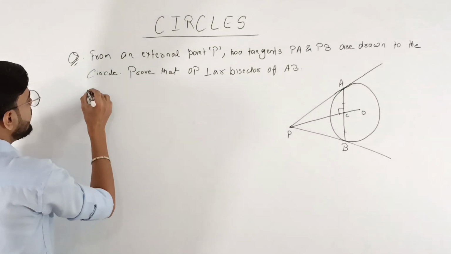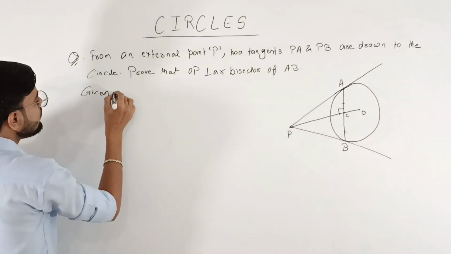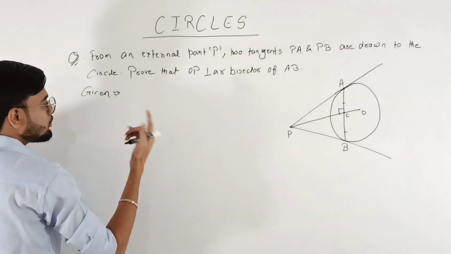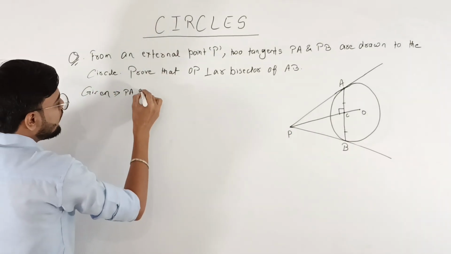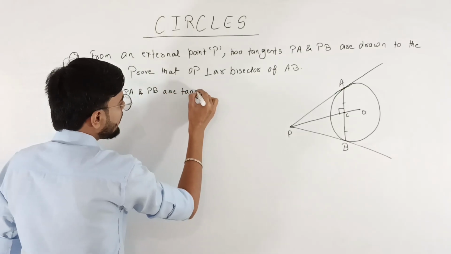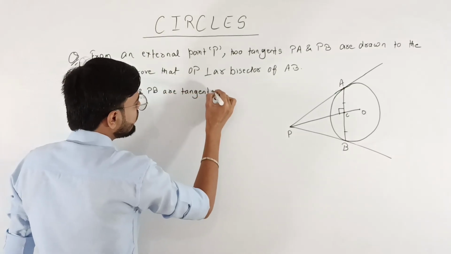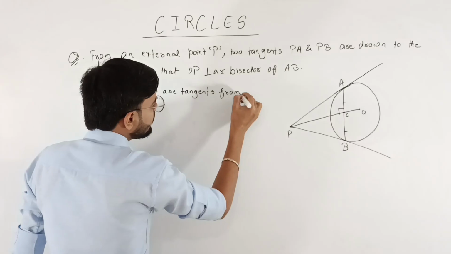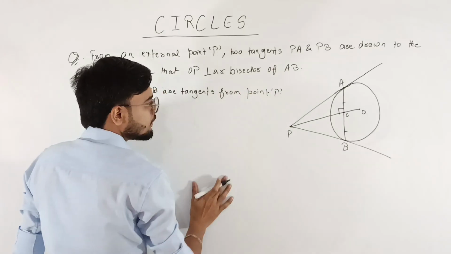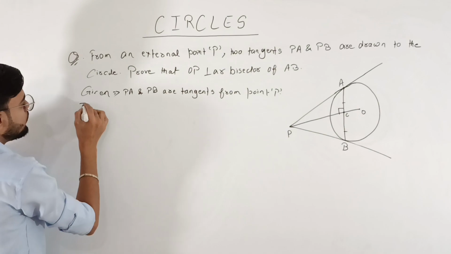First we write what is given. Given is what? PA and PB are tangents from point P. This is given. Now what do we have to prove?